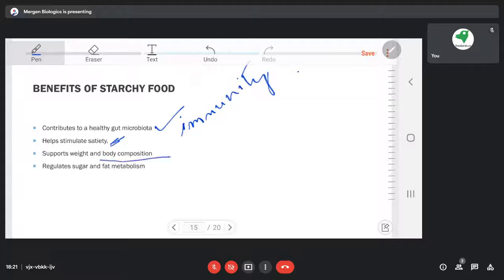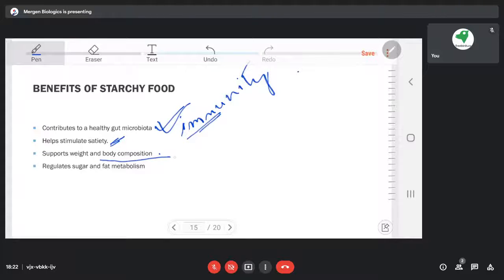Then again, support weight and body composition. How does that happen? As I have told you, some will go to gut microbes and give them the food so that they can give us immunity. Some will go to the liver and resist the release of glycogen that is present in the liver when we need energy.